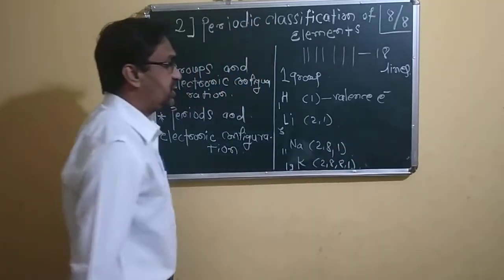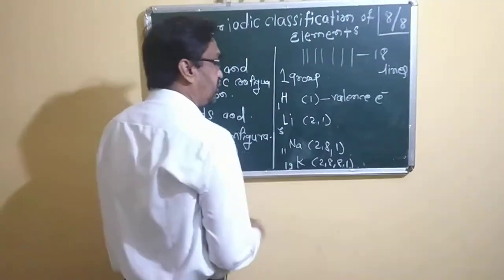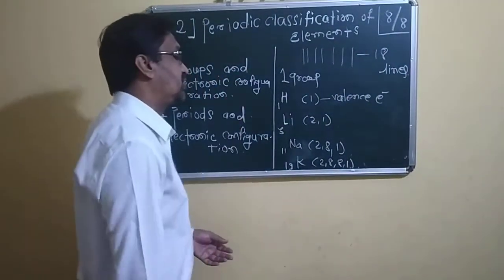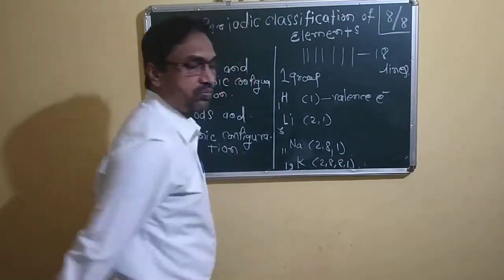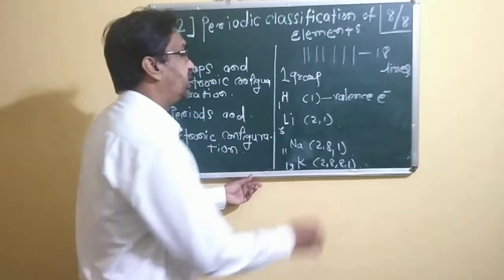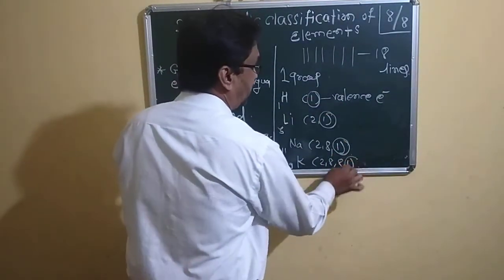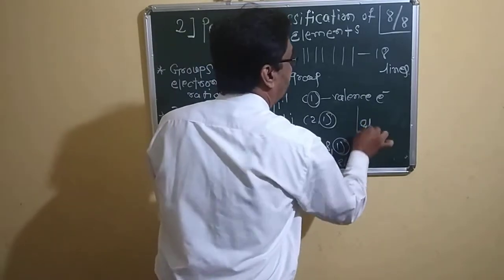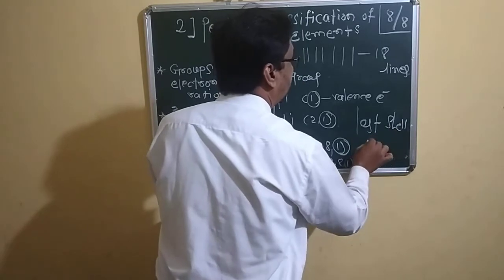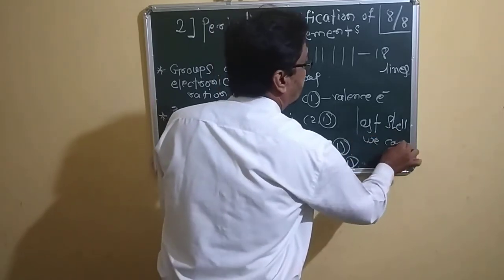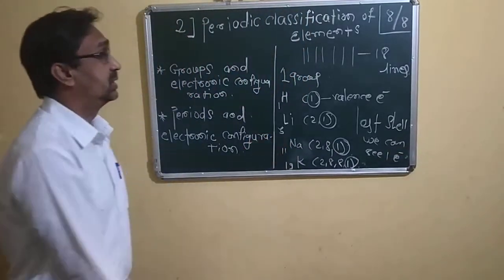And for potassium, which has atomic number 19, the distribution of electrons is 2, 8, 8, 1. That means we can see one electron in the last orbit, the last shell.